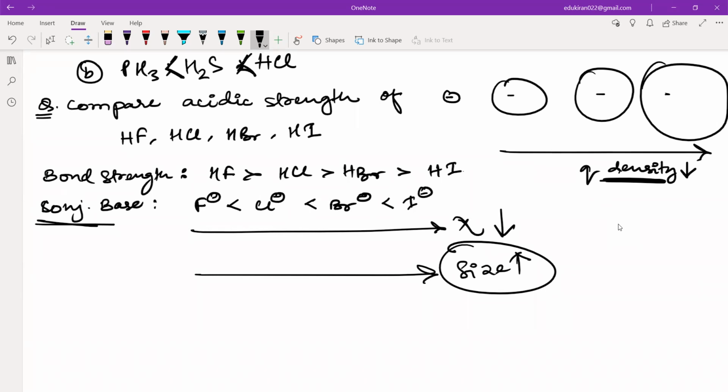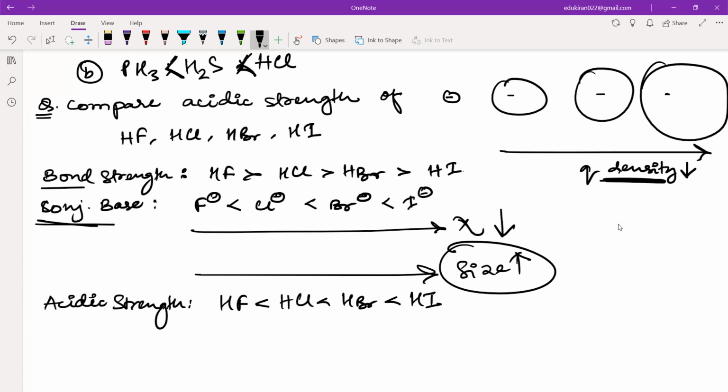So whenever you have a particular property in which size is a factor, then in groups, size is going to dominate. And hence I can say that the acidic strength is such that HF is the least acidic, followed by HCl, followed by HBr, followed by HI.